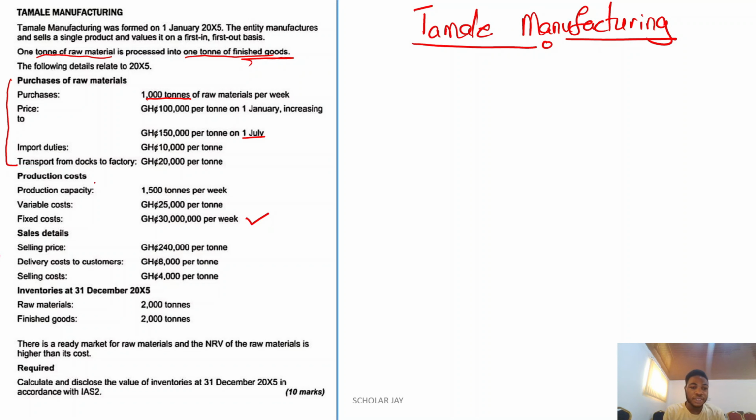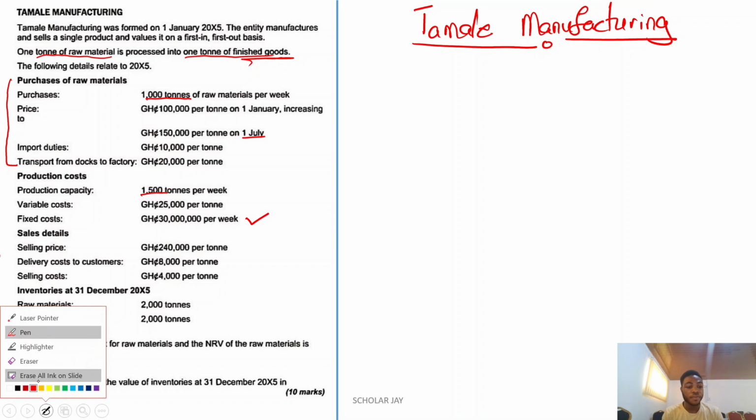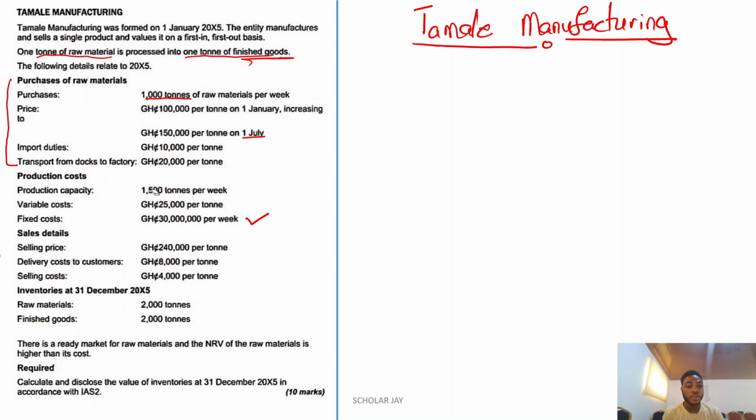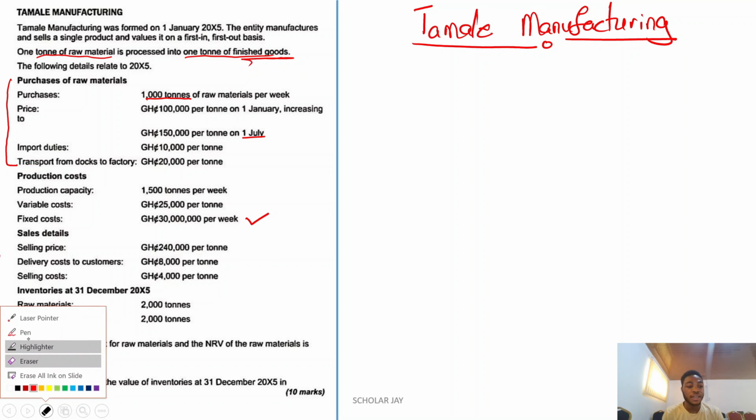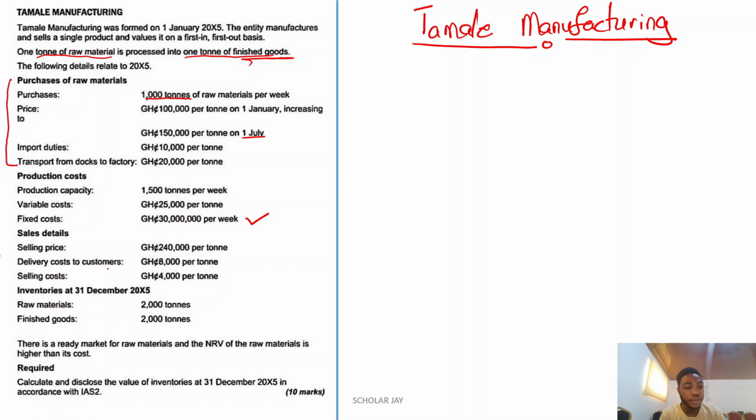Now, even though they said the production capacity is 1,500 tons per week, it doesn't mean that every week they produce 1,500. Are you getting the principle? They said 1 ton of raw material is processed into 1 ton of finished goods.